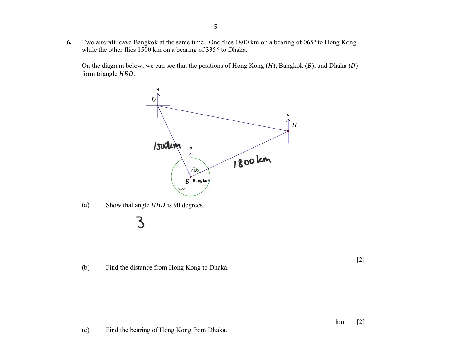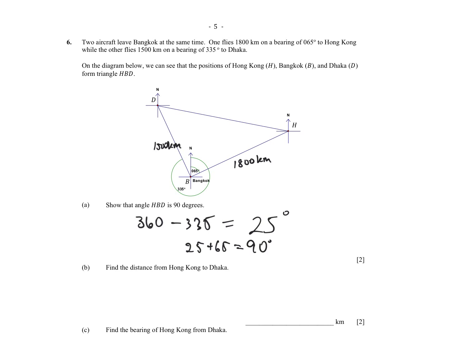So really what we can do is 360, which is a complete turn around point B, Bangkok, minus 335, which is that whole distance around, and then we're going to get that remaining bit. When we do that subtraction, we end up with 25 degrees. Because we end up with 25 degrees, 25 plus the remaining 65 in all of angle HBD is going to be 90. So that's how I show that the angle is 90, is sort of noticing those things.